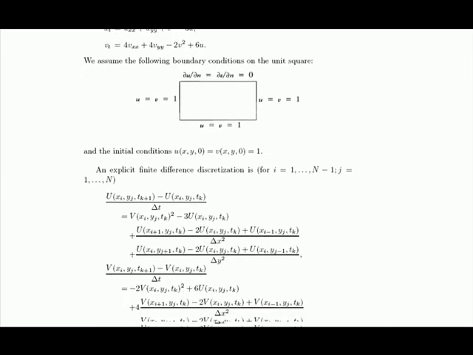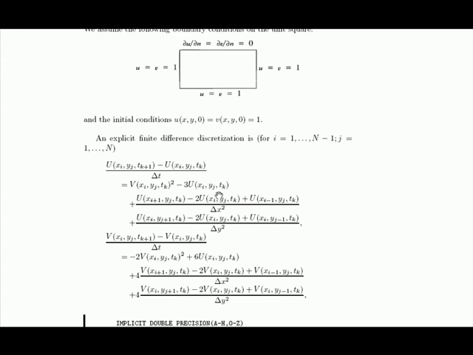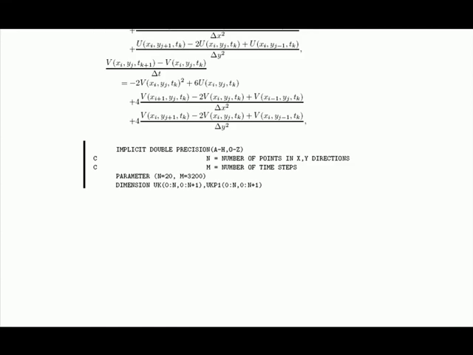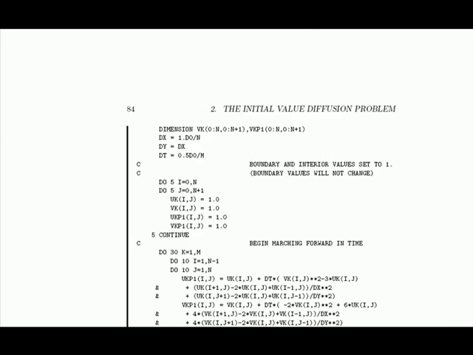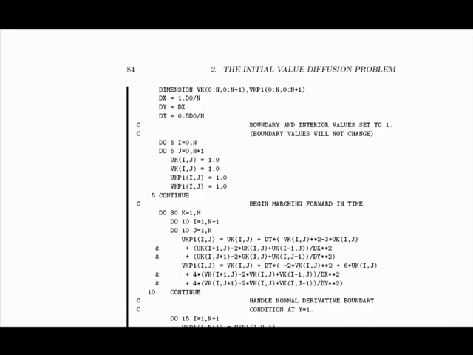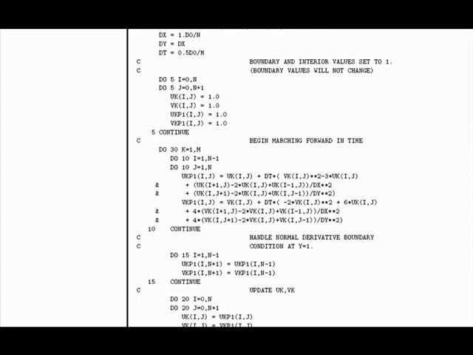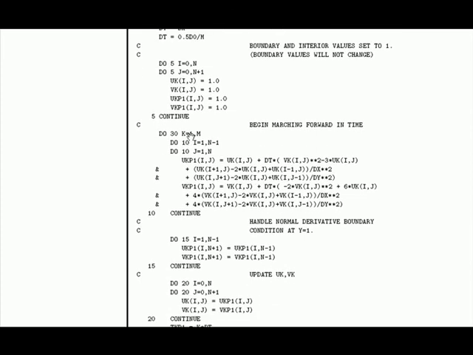Here are the finite difference equations, the usual Euler approximation on the left-hand sides, and the usual second order difference approximations to the second derivatives. Here's the program. Extremely simple. Because it's explicit, you can just march forward in time. Every time step, you simply calculate the new u_ij and the new v_ij at the new time level.